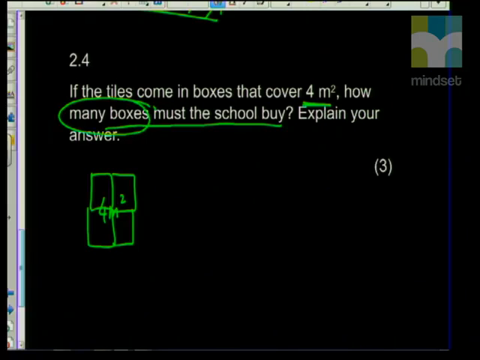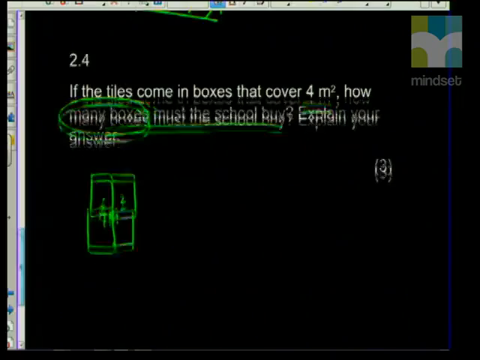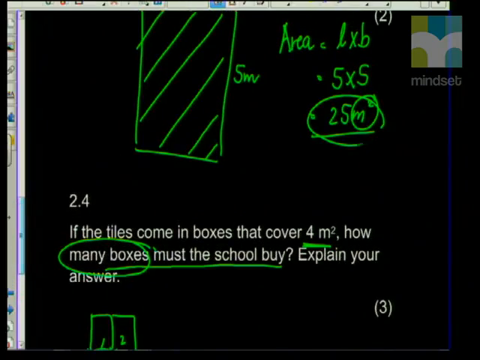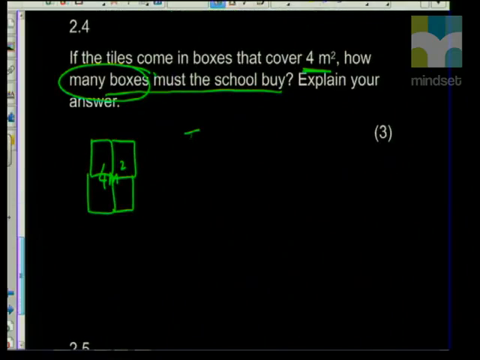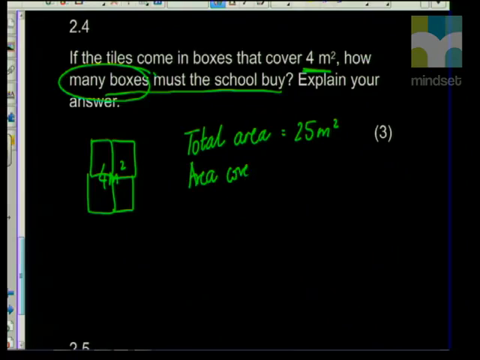Let's first of all work out how many tiles we need. We know from the previous question that the area of the floor is 25 meters squared. So the total area is equal to 25 meters squared. The area covered by one box is equal to 4 meters squared.